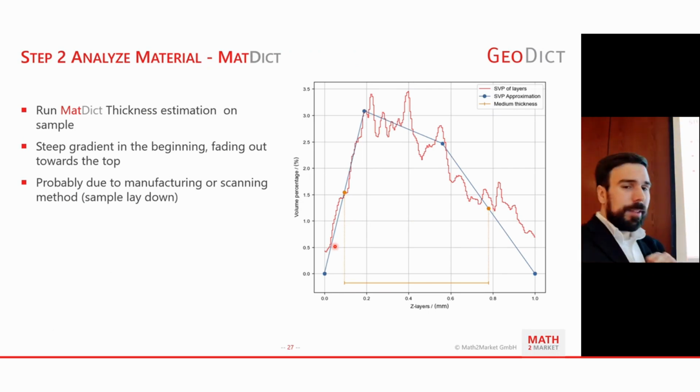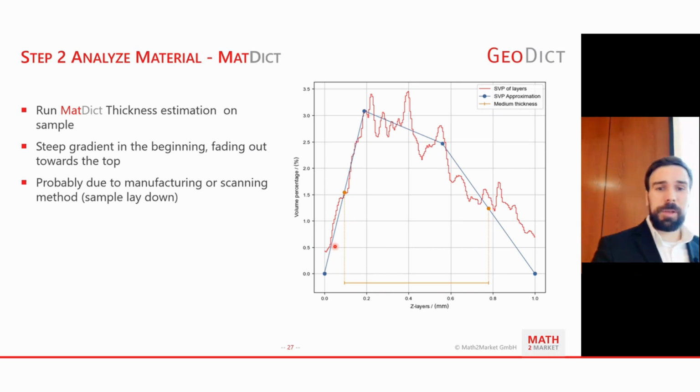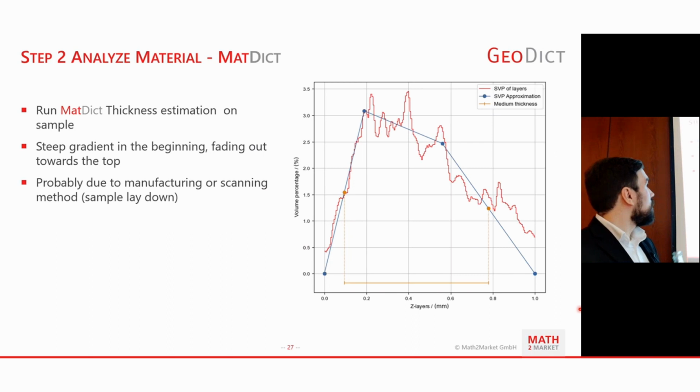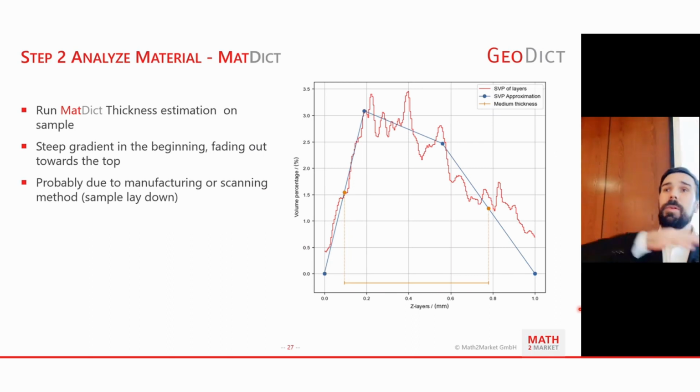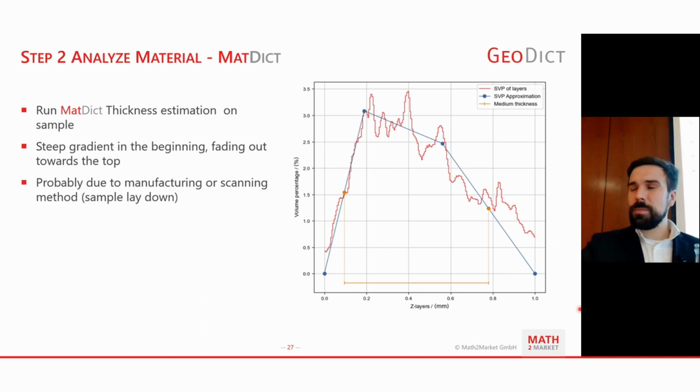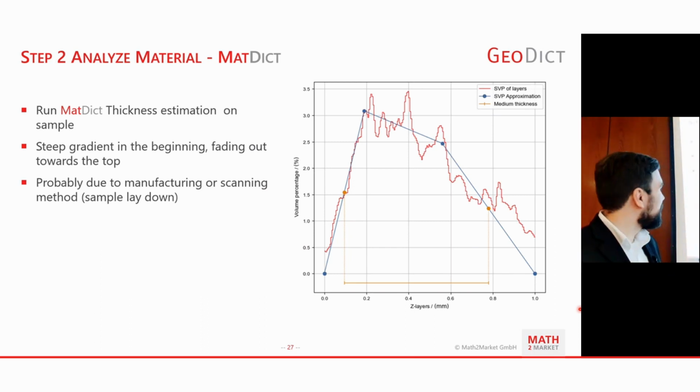And now that is actually the analysis for the nonwoven we have been talking about before. As you can see, there is a steep gradient here in the beginning and a not so steep gradient in the end. That's probably due to how the manufacturing was. It's probably laid down on some kind of Förderband, conveyor belt, exactly.